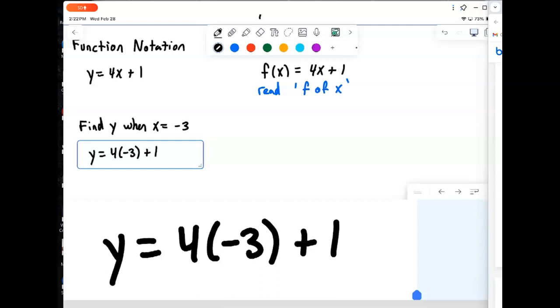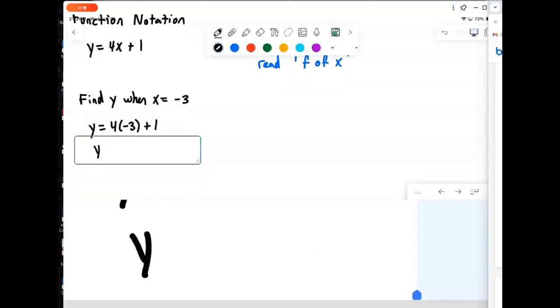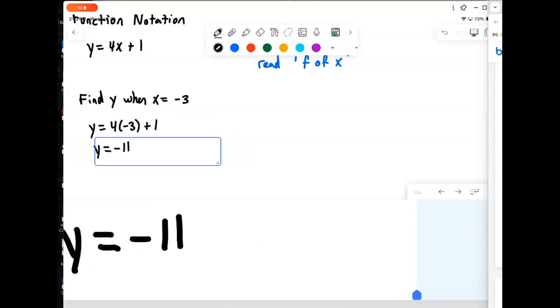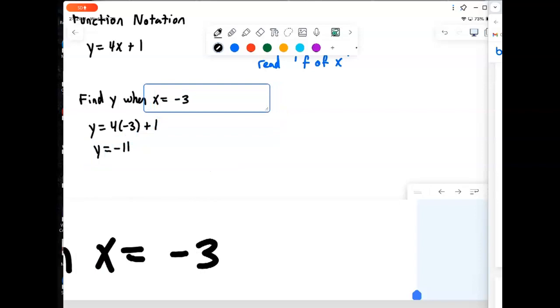So 4 times -3 is -12, plus 1 will be -11, and we get y equals -11. Now that answer, y equals -11, is kind of disconnected from the fact that y is -11 because x is equal to -3.